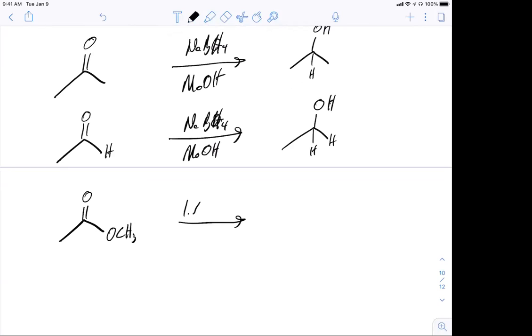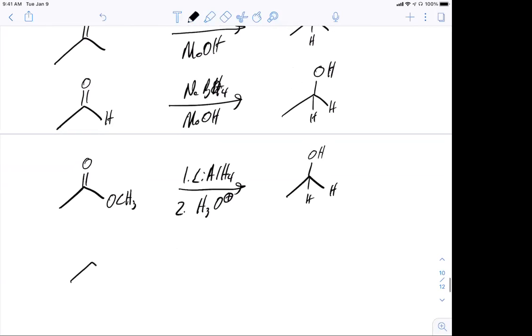And then when we go to these, right, we can't use sodium borohydride, so we have to use the lithium aluminum hydride.